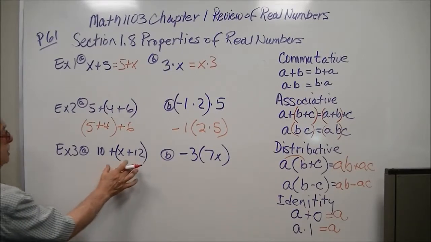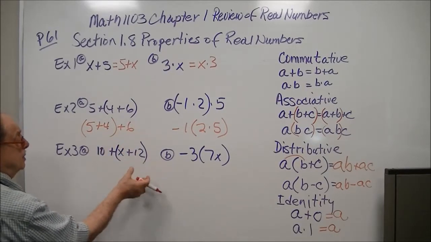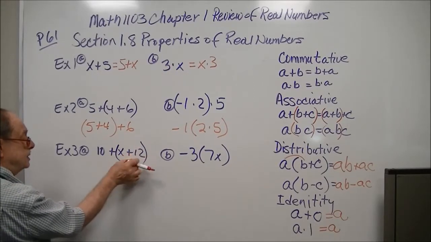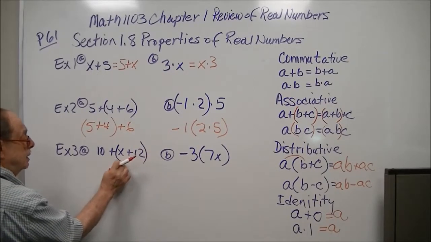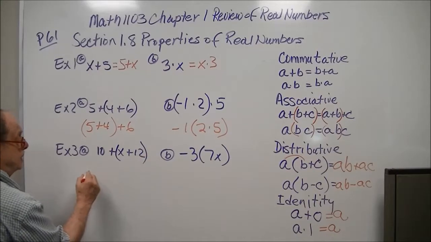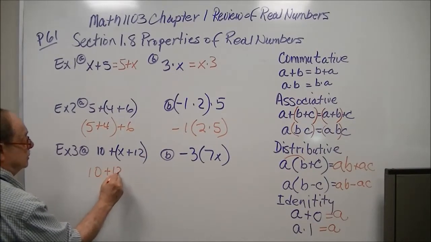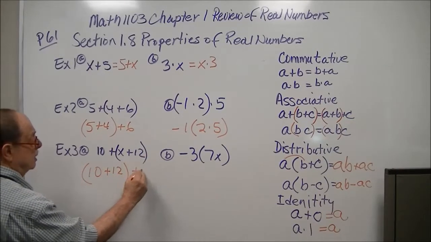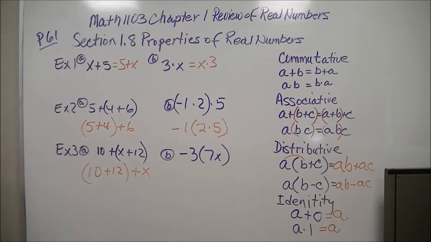And again, associating this, and maybe commutative as well, if we switch these two around, the 12 and the x goes here, then we can go 10 plus 12 plus x. So this was like a two-stepper. We switched these around and then associated this way.